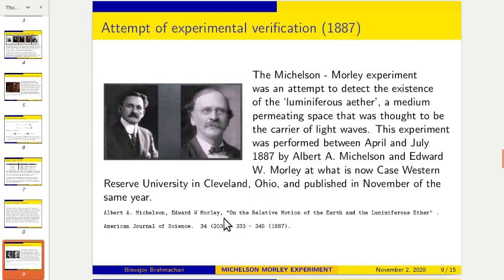This is the reference: American Journal of Science, volume and year as shown, pages 333-345. A very courageous effort to experimentally challenge a theoretical notion which existed from the time of Aristotle.